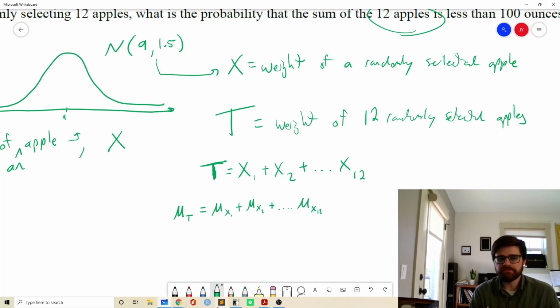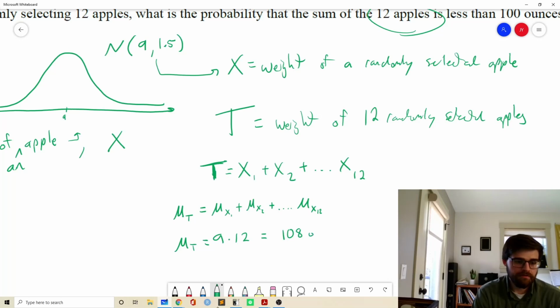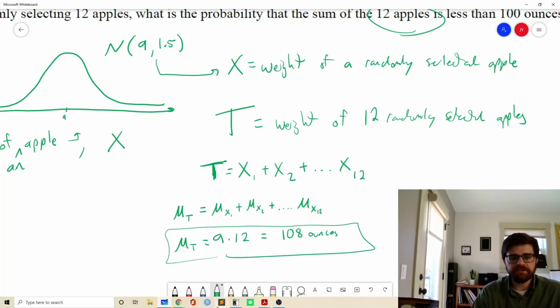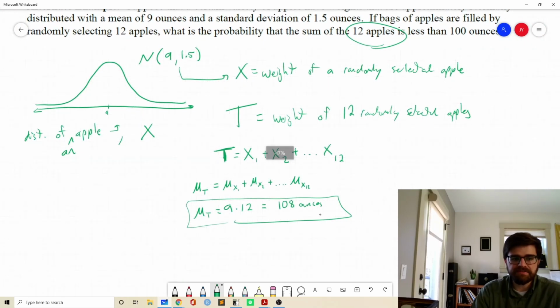We can just add up all those means. So if the mean was 9, they told us that in the problem, we just need to add up 12 of those. Or, to do it quickly, multiply 9 times 12. Okay, so the average weight of a bag of 12 apples is going to be 108 ounces.